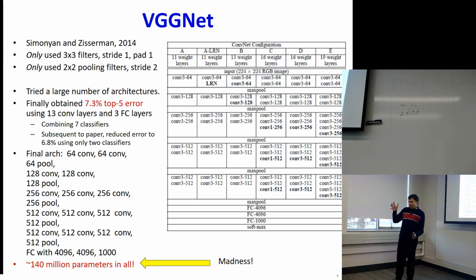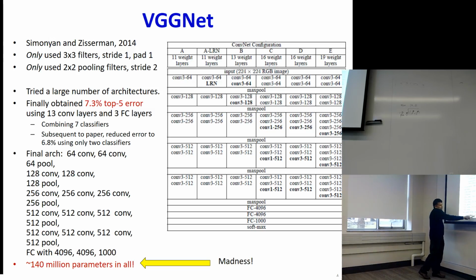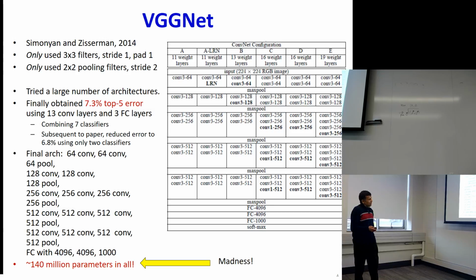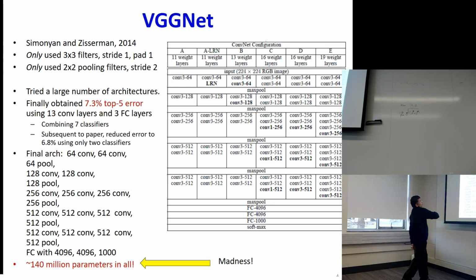They tried dozens of networks with dozens of different architectures, ran experiments with all of these, and then picked the one which had the best performance, and that best one had 140 million parameters being trained, remember, from 1.2 billion images. But they managed to shrink that top 5 error down to 7.3%.